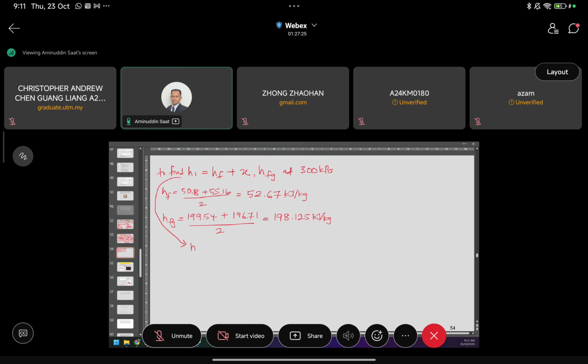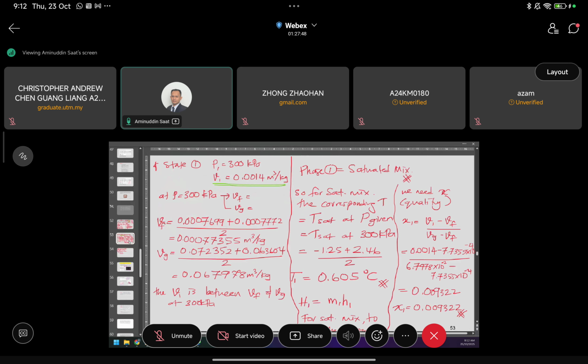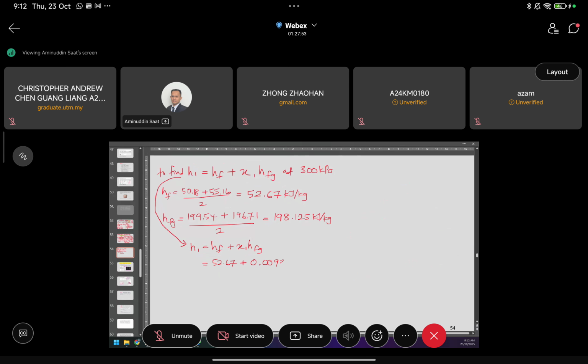So H1 equals HF plus X1 HFG. So HF is 52.67 plus 0.09322, okay, multiply by HFG 198.125.